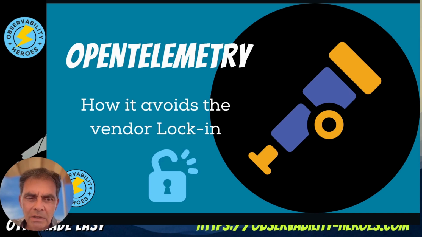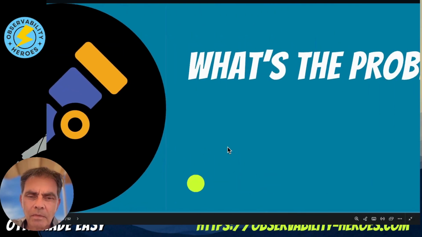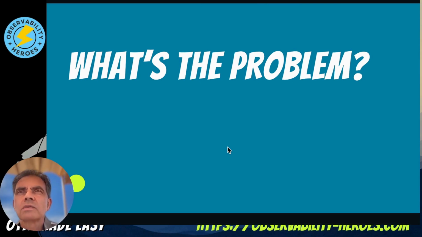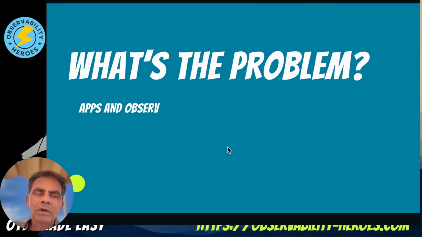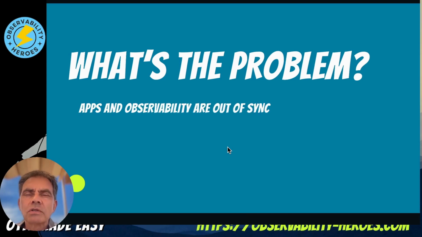But let's start. So, what is the problem that we're looking at and that OpenTelemetry helps to solve? Well, applications, services, and observability are constantly out of sync. When I was working for Wiley in 2003, Java, J2EE was all the rage. That was when web services were introduced, with the three-layer architecture. You had a front end, a back end, and a middle layer.